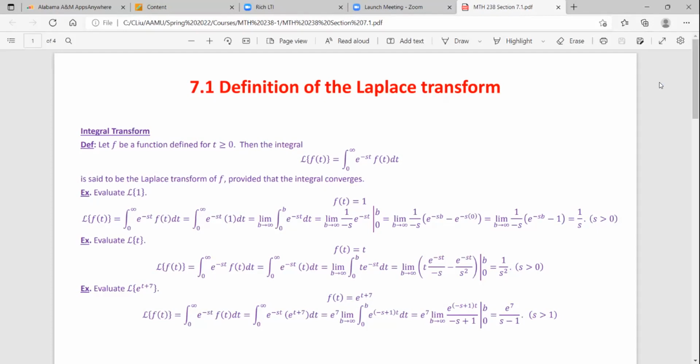So negative st is negative and large in magnitude, and when you take the limit, this exponential is just 0. So we don't have to worry about the limit of the whole thing as b approaches infinity, because it will be 0.